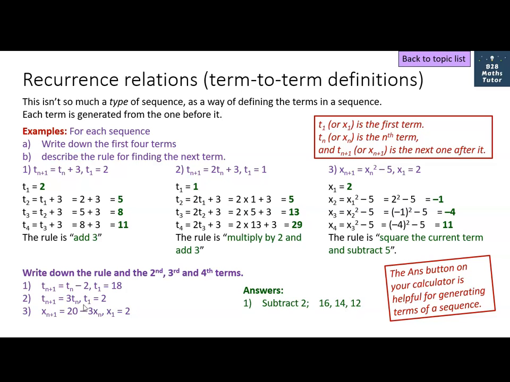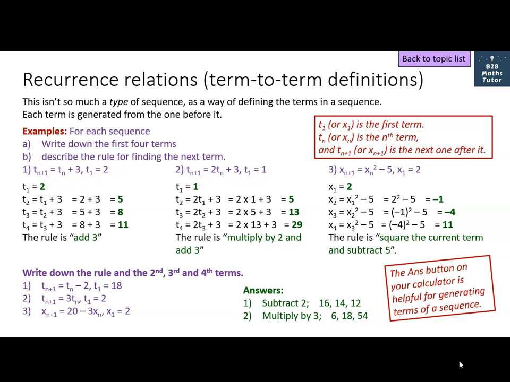For number 2, we're multiplying the current term by 3. So the rule is multiply by 3. If we're starting with 2, we multiply that by 3 to get a second term of 6. Then 6 times 3 gives us a third term of 18. And 18 times 3 gives us a fourth term of 54.